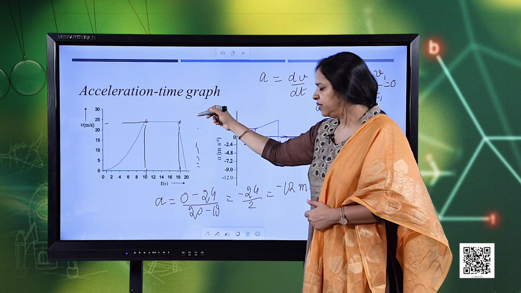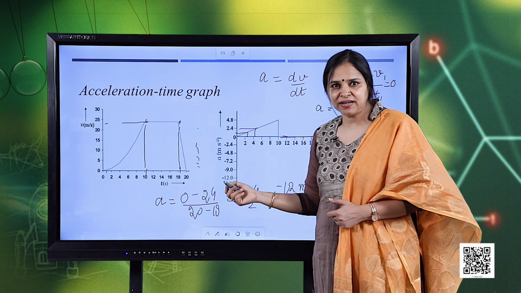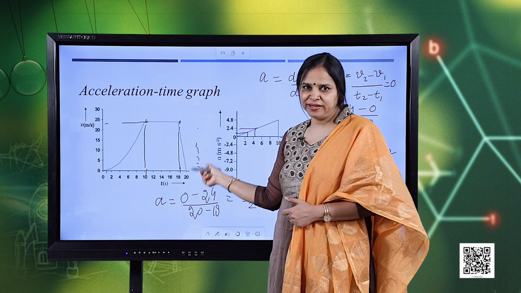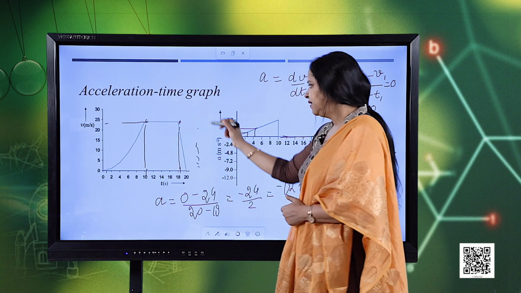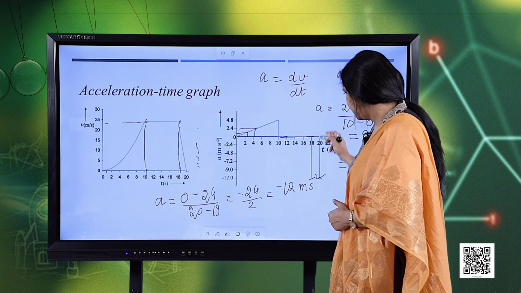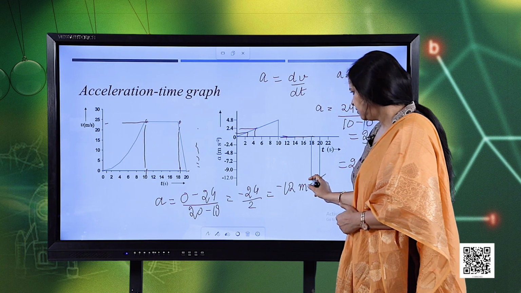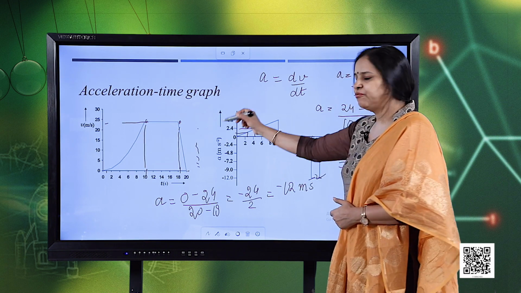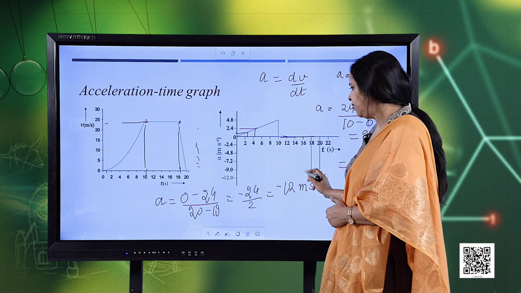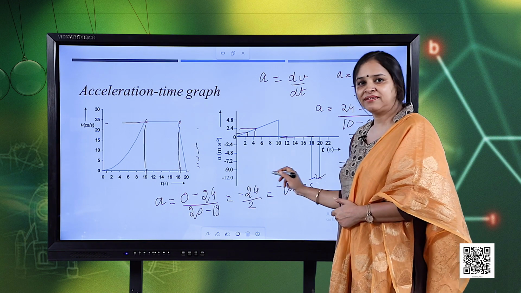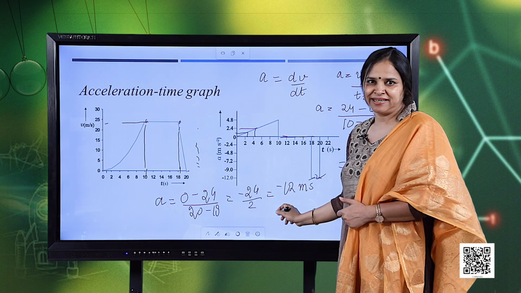In terms of the slope of the graph, the slope is also negative. And graphically, when we find the values at different instants, we found the acceleration to be the same as the average acceleration.